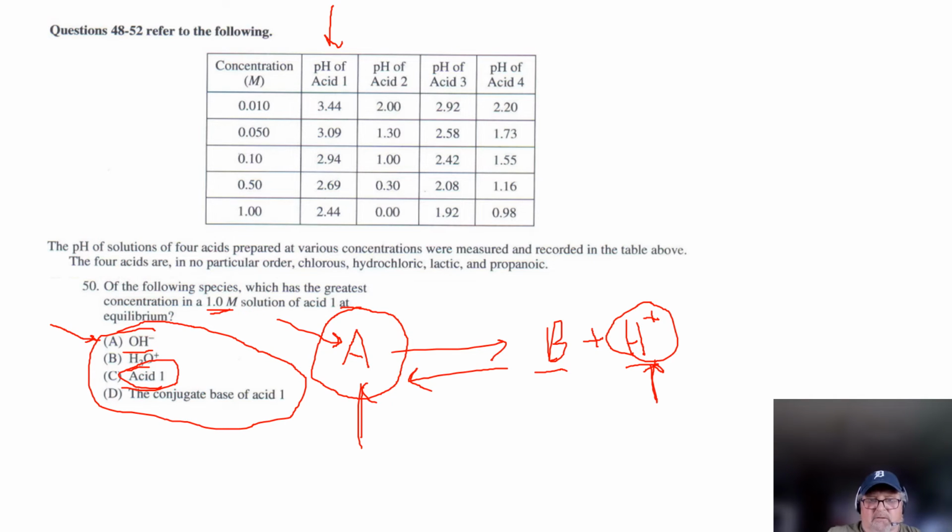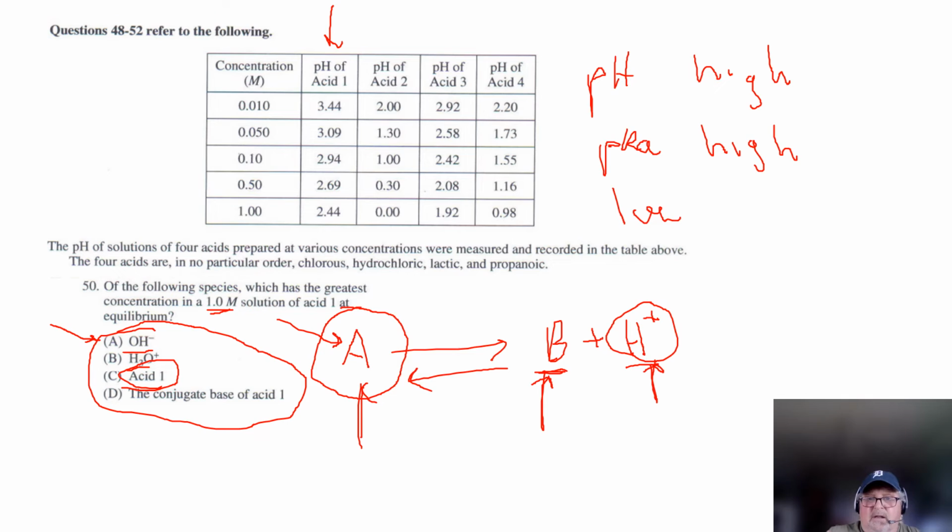And the conjugate base is this one here, and we said that's not it. So the key thing here is, if you have a high pH, that means you're going to have a high pKa, which means you're going to have a low Ka.